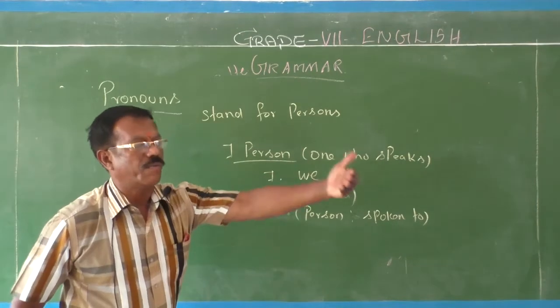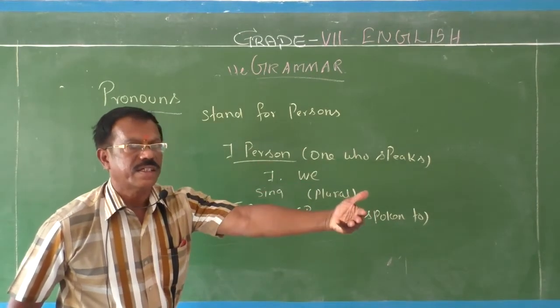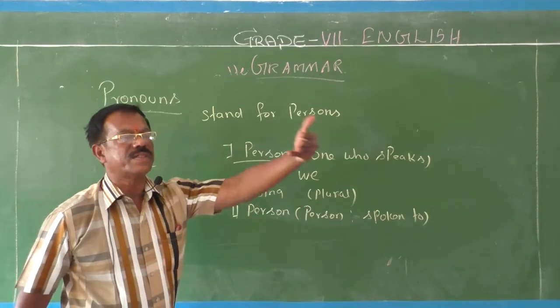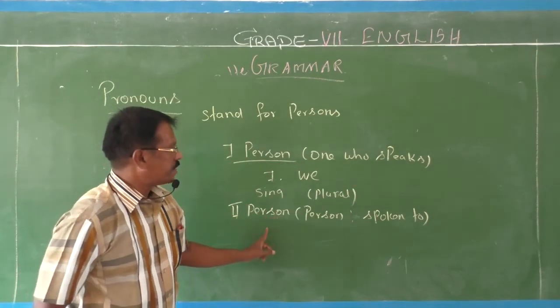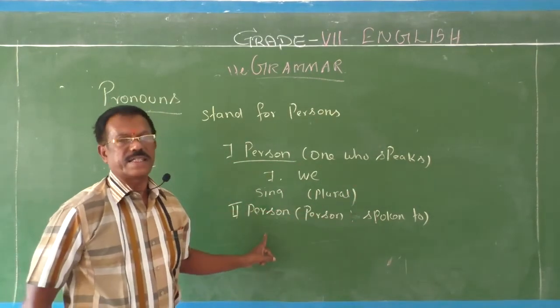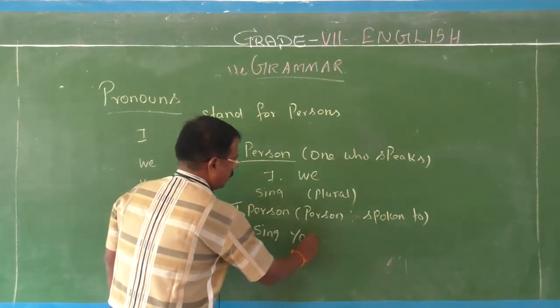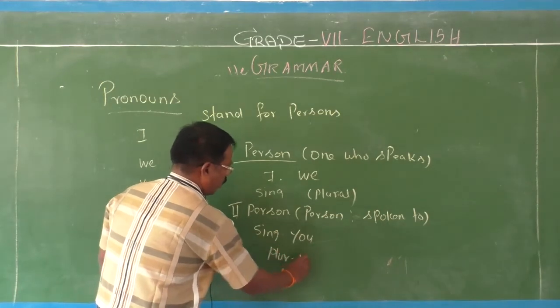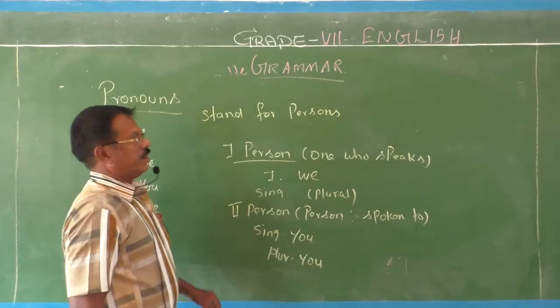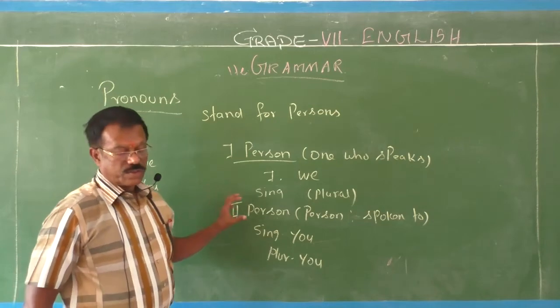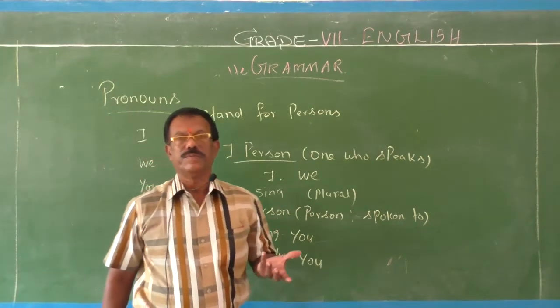If you speak to someone, the receiver is called the second person. The person spoken to is called the second person. Second person singular, you. Second person plural, also you. So second person refers to the person spoken to.